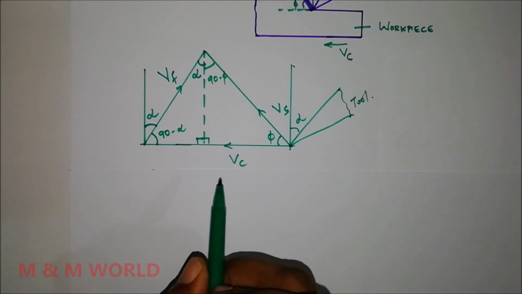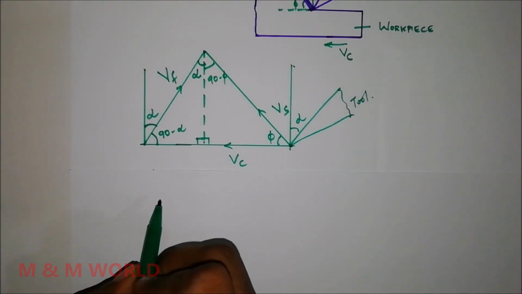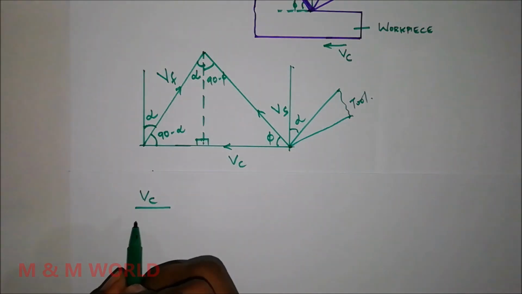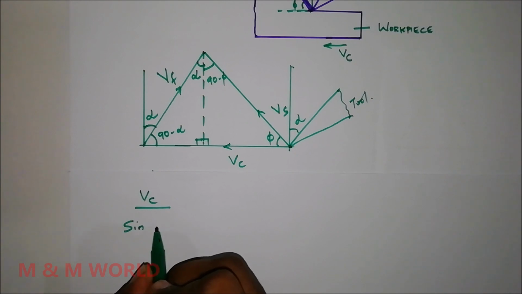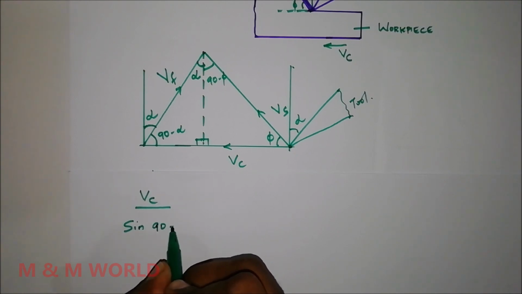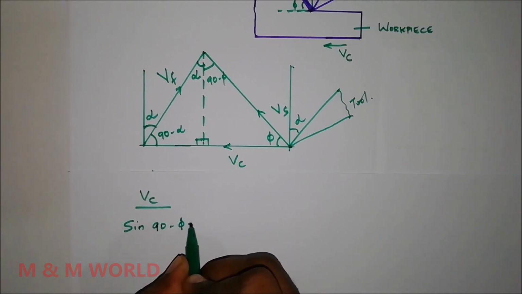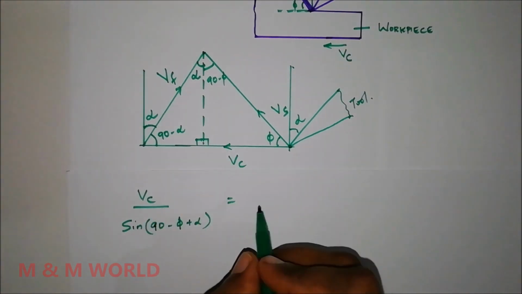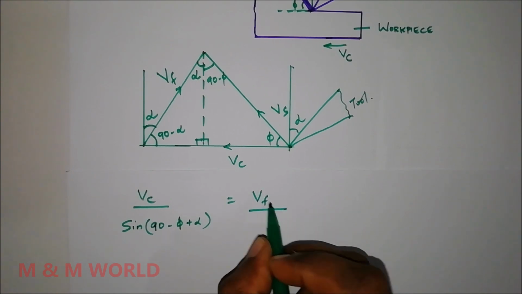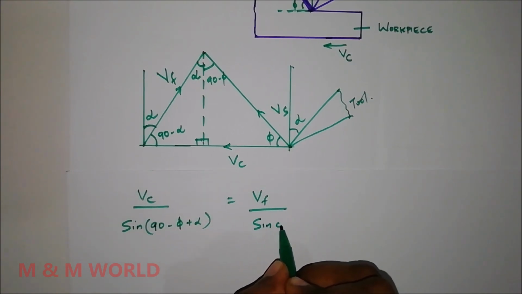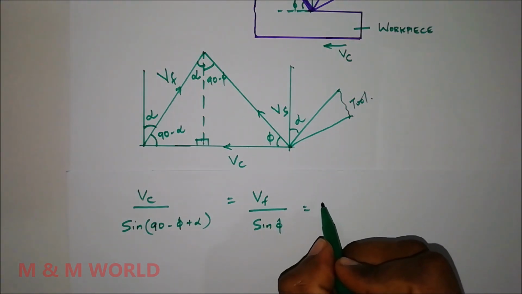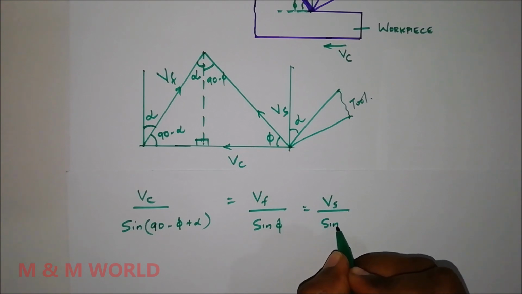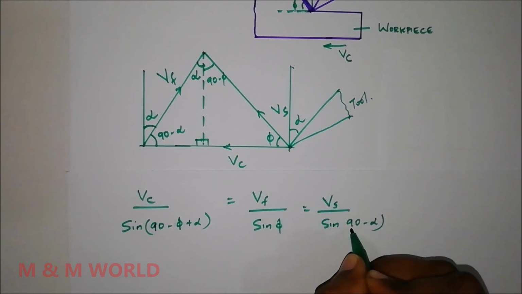Now applying sine rule, we will get VC by sine of 90 minus phi plus alpha is equal to VF by sine phi is equal to VS by sine of 90 minus alpha.